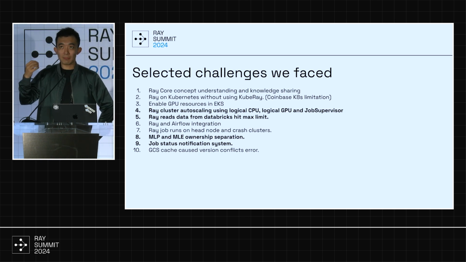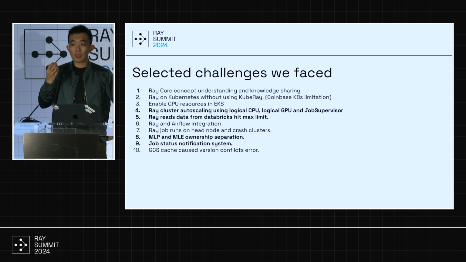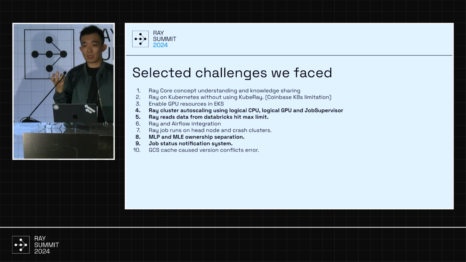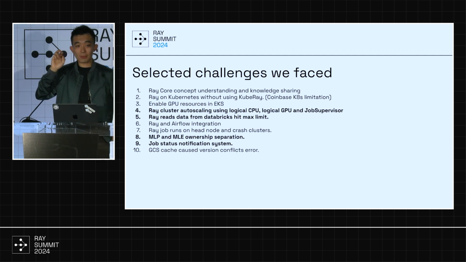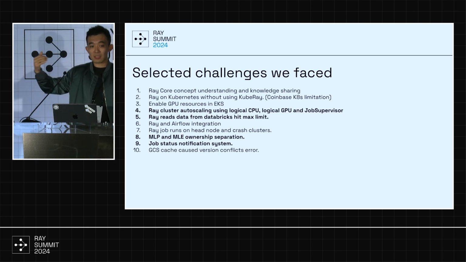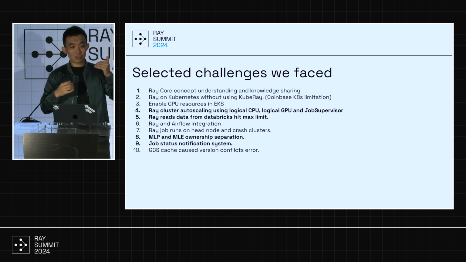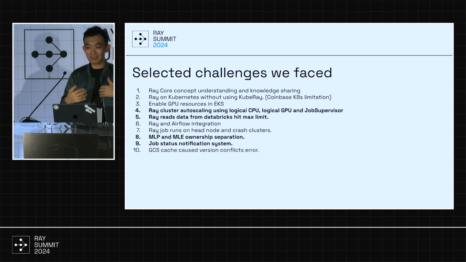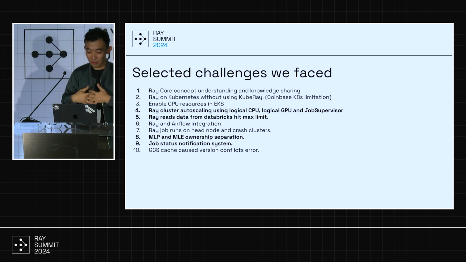If you have one single Ray cluster running multiple jobs, you don't want to reduce the number of workers while there is still 1 job or 2 jobs running. So you need to use a concept called job supervisor. Always monitor that one to see, okay, I only scale down when everything is done. Otherwise, you're removing something saved in the memory, and that's a big problem because you cannot reproduce things.